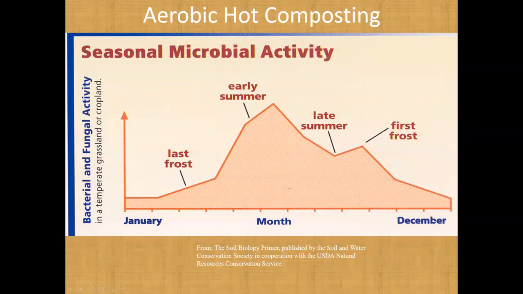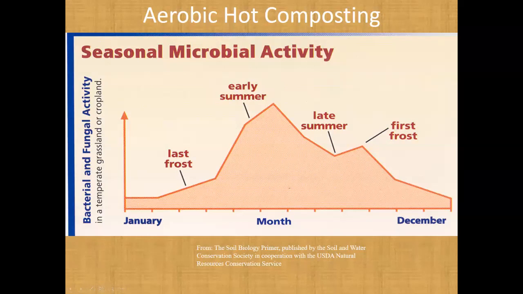And then this is going to be more kind of up into July. That's going to be our mesophilic area of peak metabolic activity. So that's where things are really going full speed, and we're getting a lot of composting done.